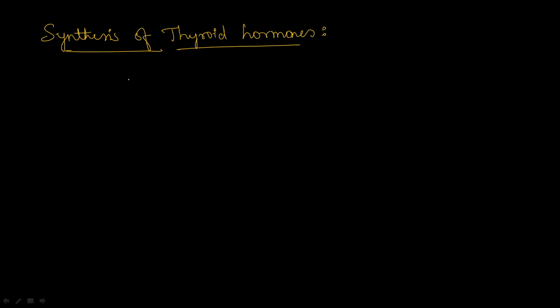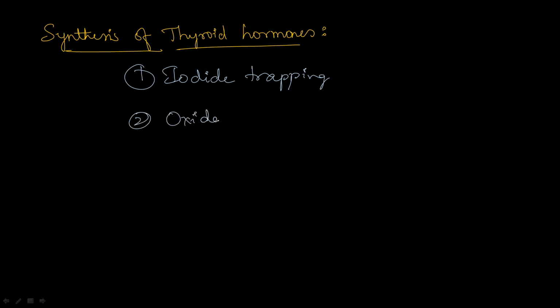Now let's move to the synthesis of thyroid hormone, that is the steps involved in the synthesis of thyroid hormones. First step is iodide trapping. Second step is oxidation and iodination.